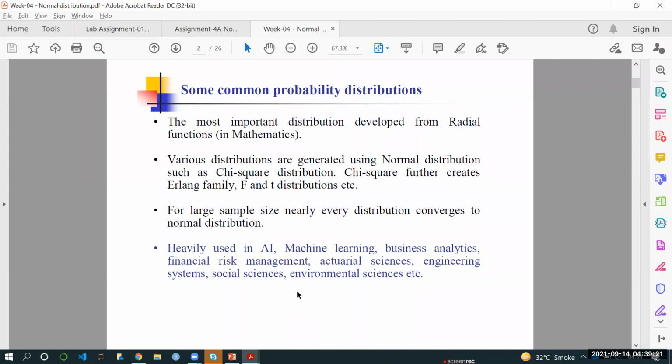Yesterday, one student asked, "What is the difference between a function and a probability distribution?" Function is a term used by mathematicians, and you get function values. You are not bound to have probability. But in case of a probability distribution, the integration must be equal to 1 and all values must be positive.